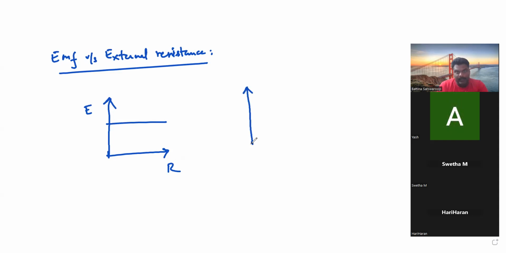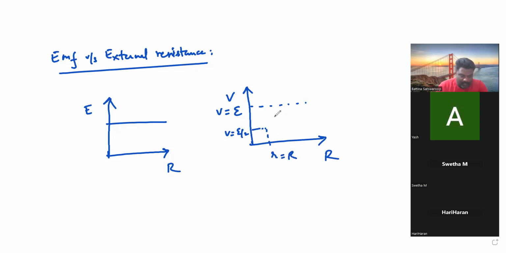Then between V and R, this is the maximum value. So I can say V is equal to E. Here V is equal to E by 2, let us say at this point. So here R is equal to R, and the graph will try to reach the maximum point.